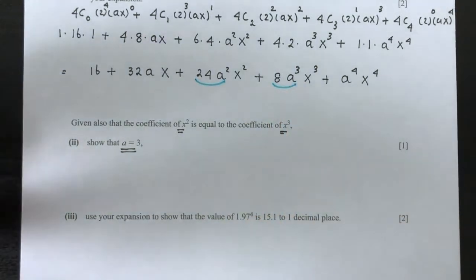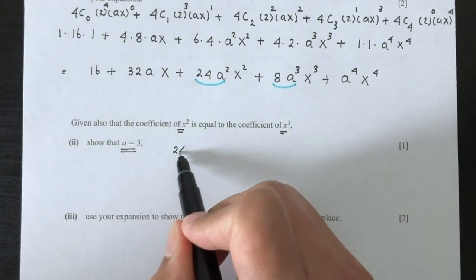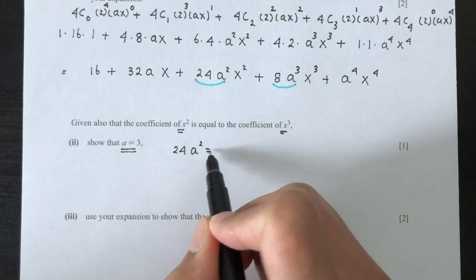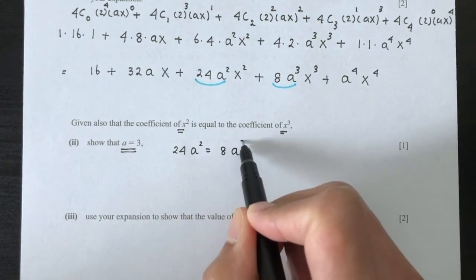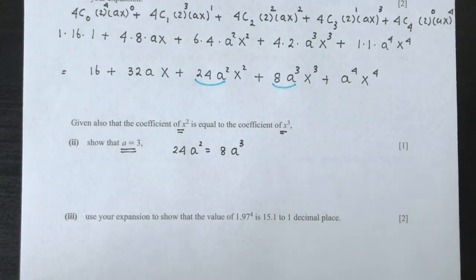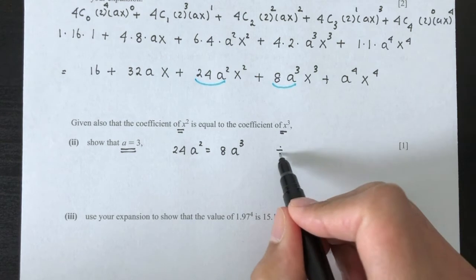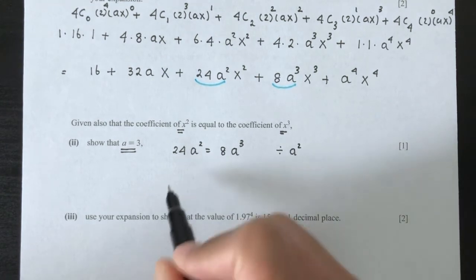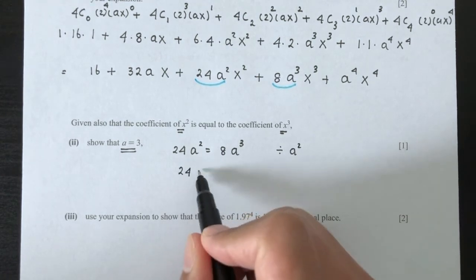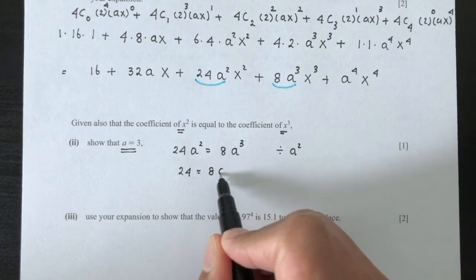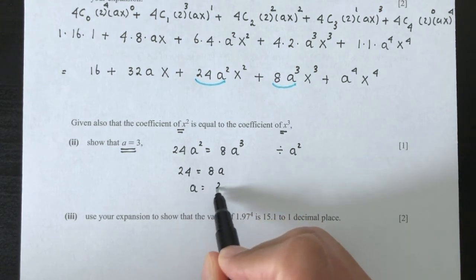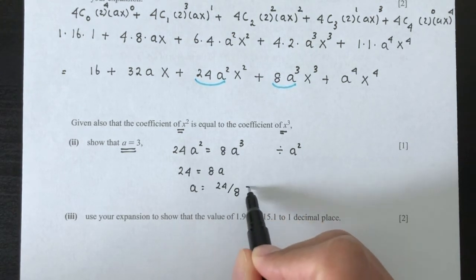So it means that 24a squared is equal to 8a cube. So we have to use this information to find a. So first step, we can divide by a squared on both sides. You will have 24 is equal to 8a. So a will be 24 divided by 8, that will be 3.